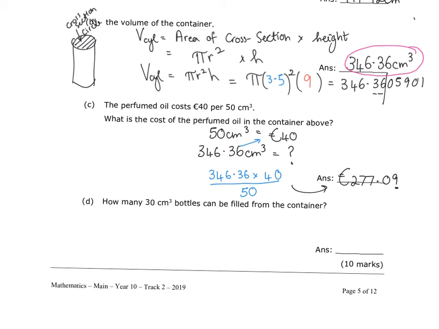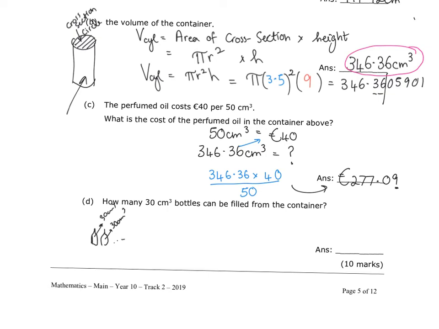Now, if I have all that oil, how many 30 centimeter cubed bottles can be filled from the container? So I have this whole container of perfume, and now that large container will be placed in small, let's say these are perfume bottles, each 30 centimeter cubed.